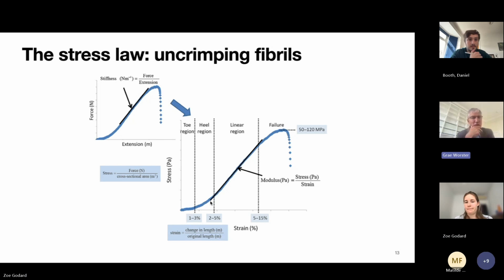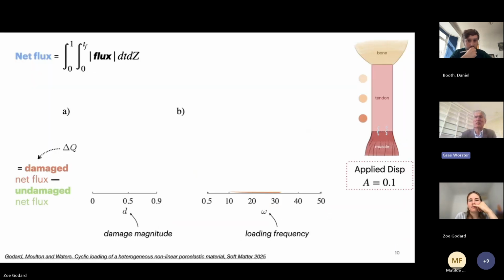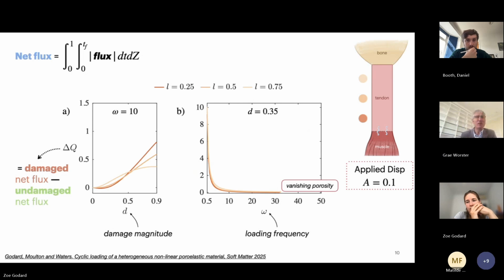And then the other question I had was, trying to get my head around this net flux and even the net strain. The net flux, as you say, is zero in a cyclic system, but you're rectifying that by taking the modulus. What's the physiological importance of this measure that you're calculating?